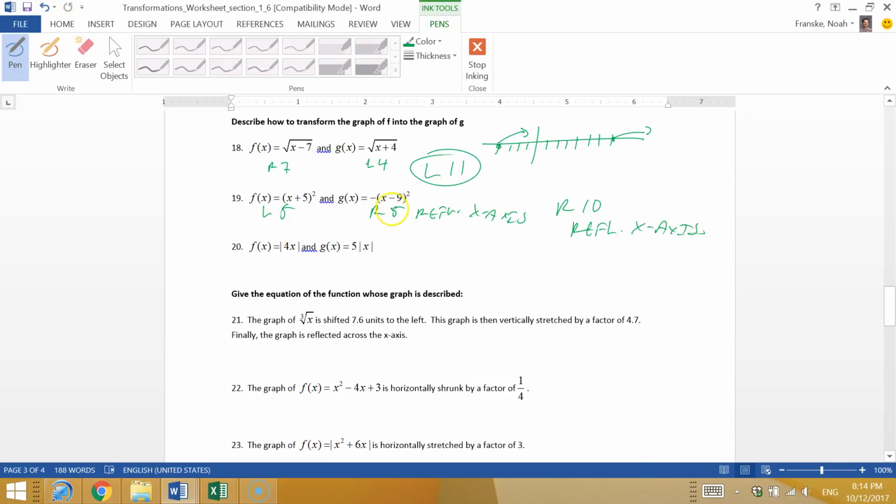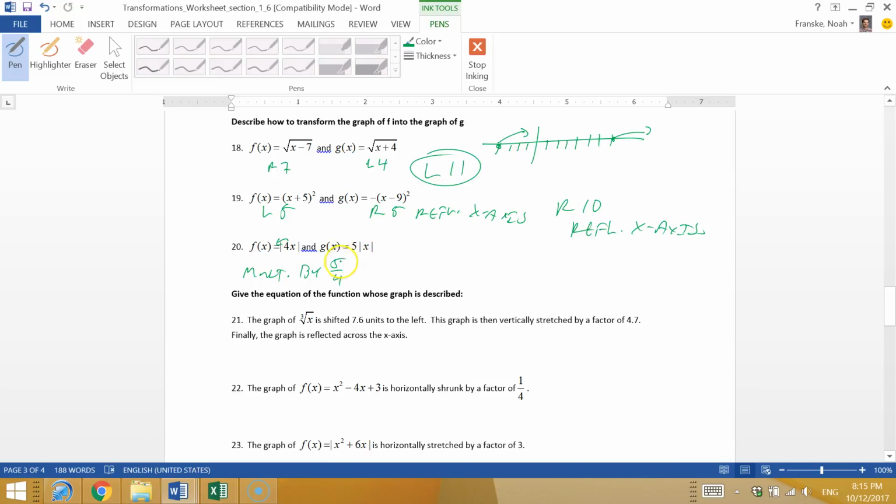All right, the next one, interesting. So this is a horizontal shrink by a factor of 1/4, and this is a vertical stretch by a factor of 5. But it looks like we can just multiply this by 5 over 4, the 4's will cancel and the 5 will be there. And you can pull a number out of an absolute value sign, that's fine as long as it's positive.